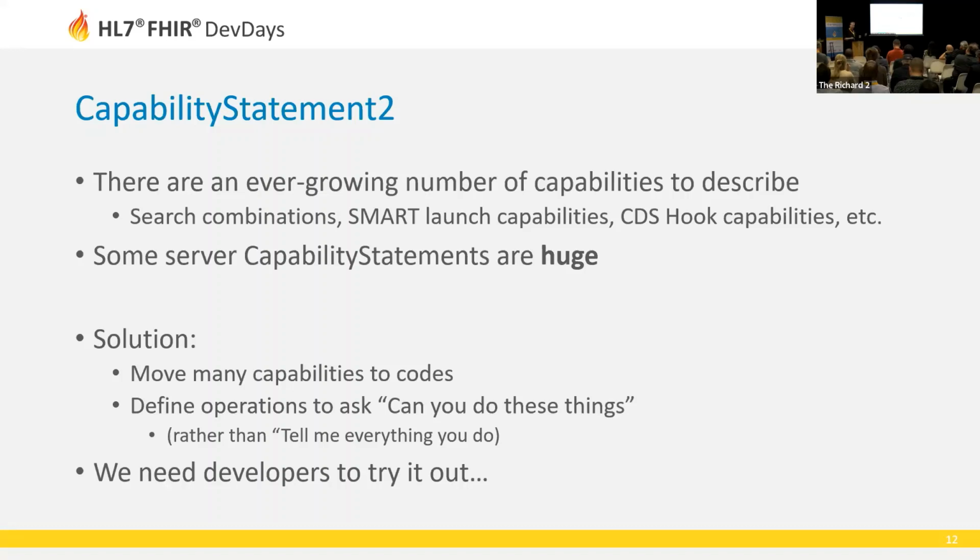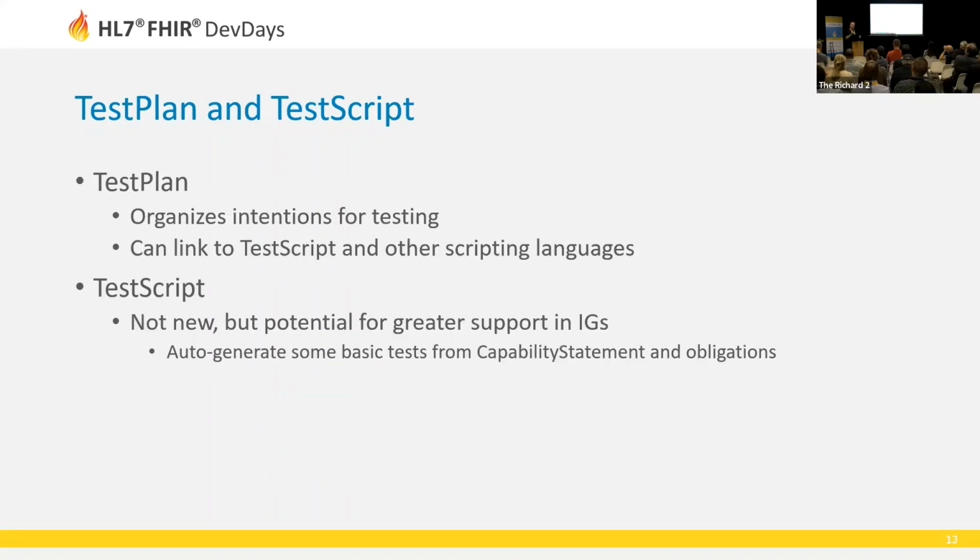Whether they will or not, we will find out. One of the questions that we have for the community is, is this useful enough that you will engage in the project and participate in Connectathon and see this actually get into an implementation guide and used? Because if you don't, then that says to us that nobody cares about capability statement and we will quit trying.